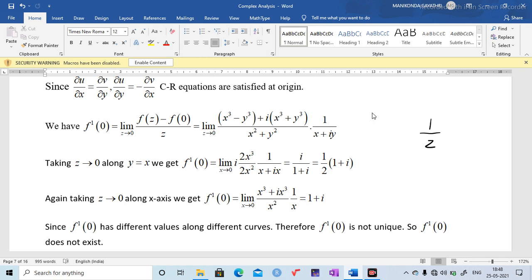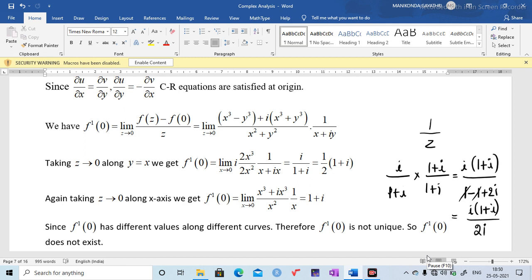So x cubed minus x cubed is 0. X cubed plus x cubed is 2x cubed. Here x square plus x square is 2x square, and x plus ix. So observe here 2 gets cancelled. Here x cubed by x square is x. Take x common, cancel with that x. Then you get i by 1 plus i.